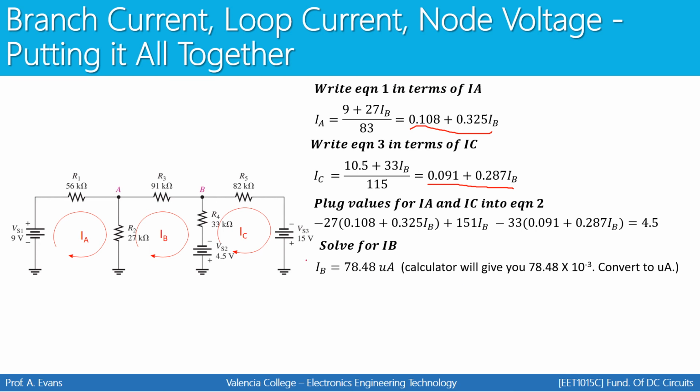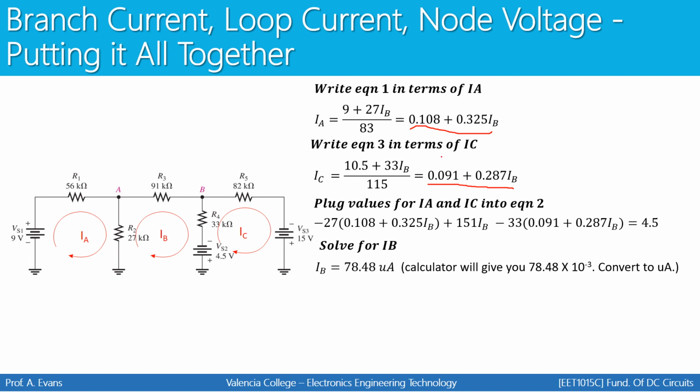When you take this value and plug it back in up here to find IC, and plug it back in here to find IA, you are just going to write 78.48 times 10 to the negative 3. You're not going to convert it to micro. You only convert to micro for the very final answer. That's it. So you're going to take the value your calculator gave you, which is 78.48 times 10 to the negative 3.